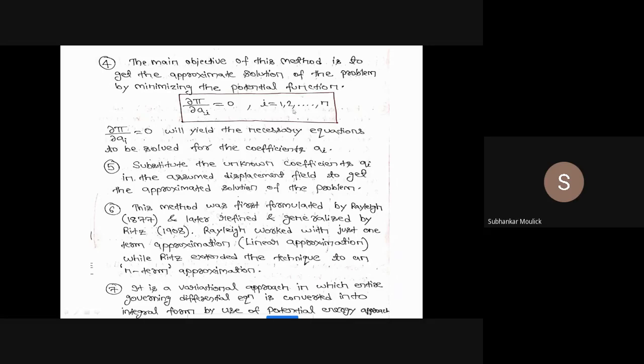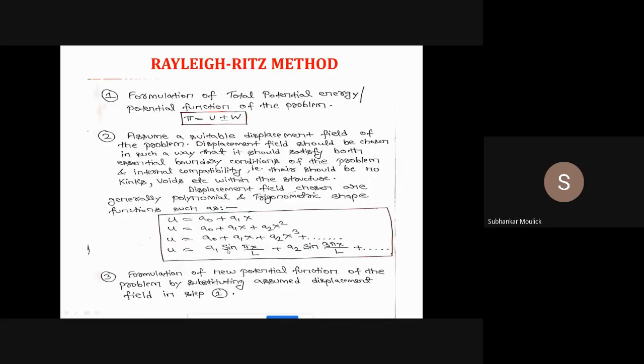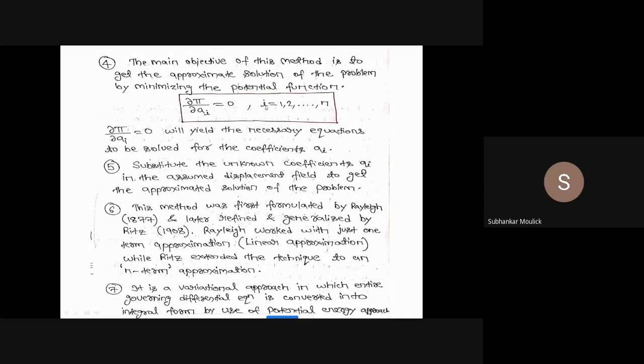I represent this as i equal to 1, 2, up to n. If there are two unknown coefficients, then the value of i will be 1 and 2. That means if the unknown coefficients are a1 and a2, you have to partially differentiate two times.